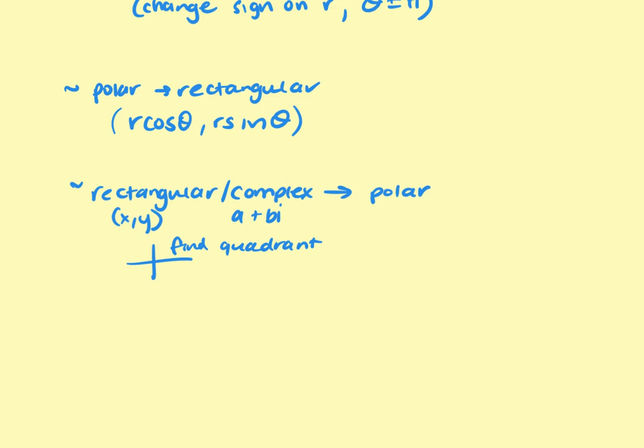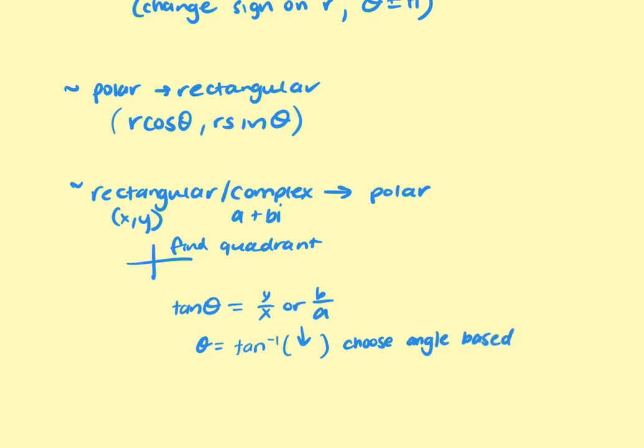Then find, well, the order here doesn't matter, but you can find the tan of theta is the y over the x, or the b over the a, if you're in complex. And then theta is going to equal tan inverse of whatever that value is. And you're going to choose the angle based on the original quadrant.